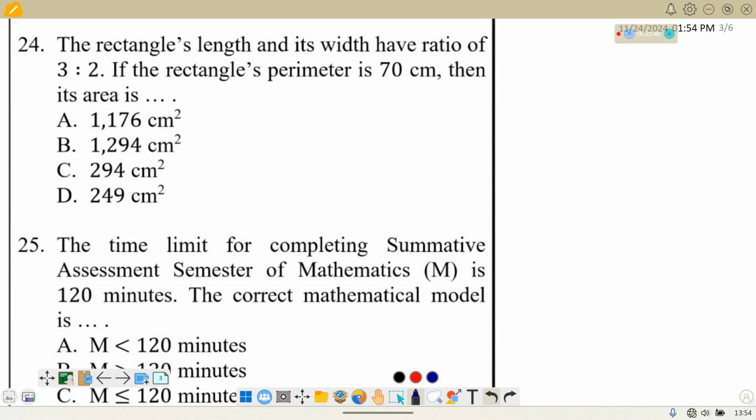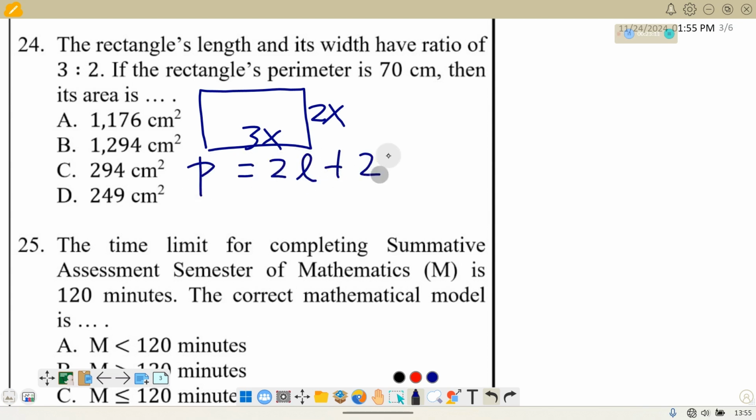Number 24. The rectangle length and its width have a ratio of 3:2. First we can sketch it like this. Let's say the length is 3x because the ratio is 3:2 and the width is 2x. And according to the information, the perimeter is 70.